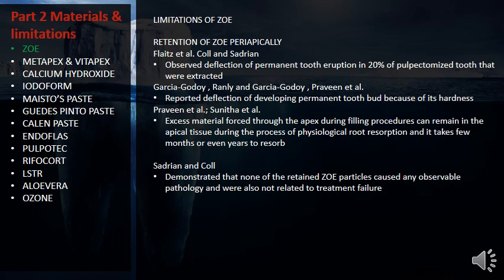Excess material forced through the apex during the filling procedure can remain in the apical tissue during the process of physiological root resorption, and it takes a few months or even a year to resolve. According to Sadrian and Coll, none of the retained zinc oxide eugenol particles caused any observable pathology and were also not related to treatment failure.